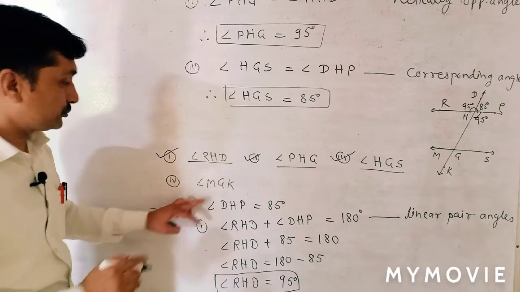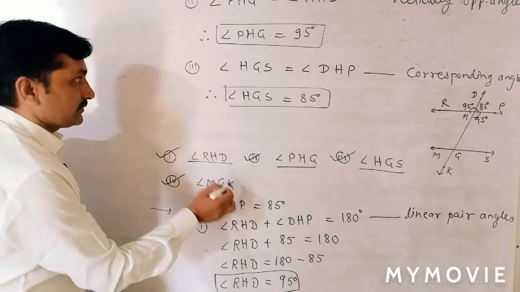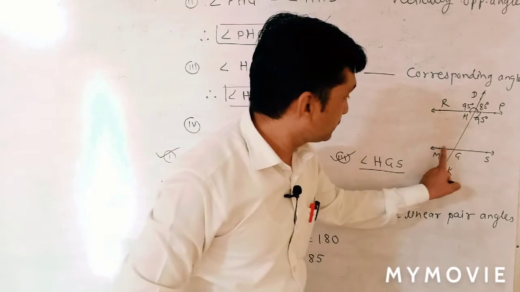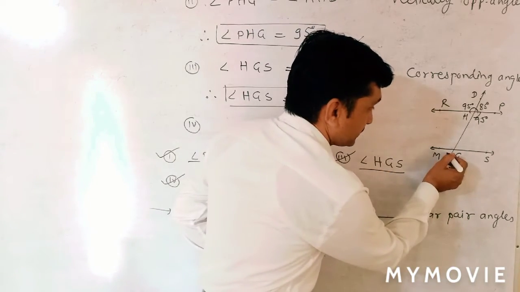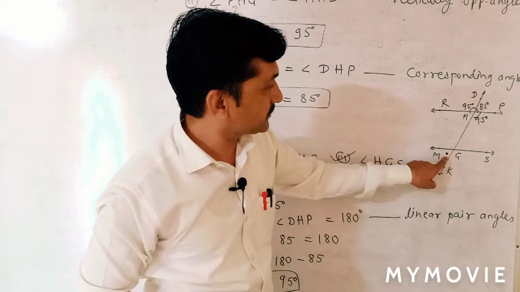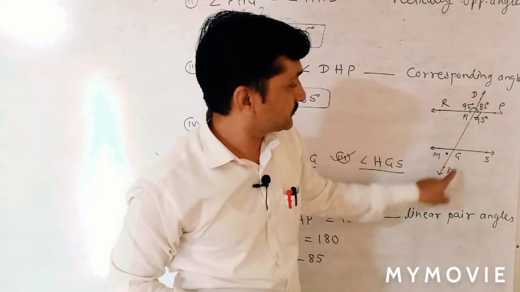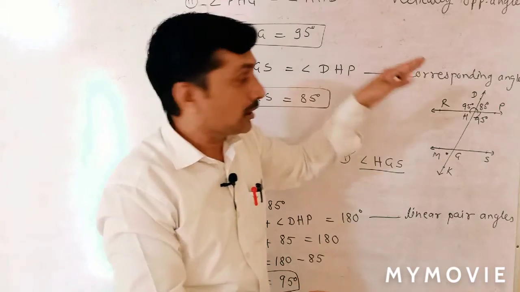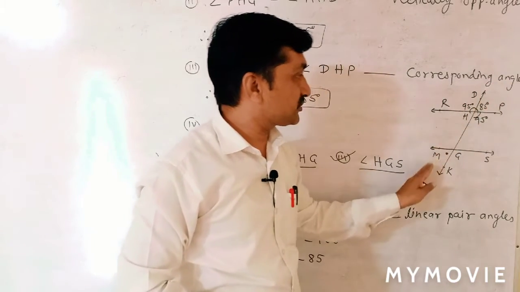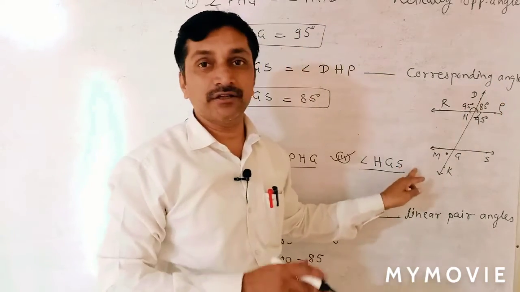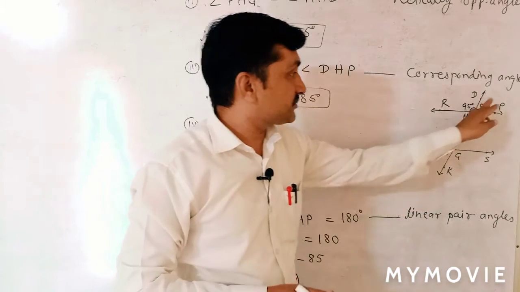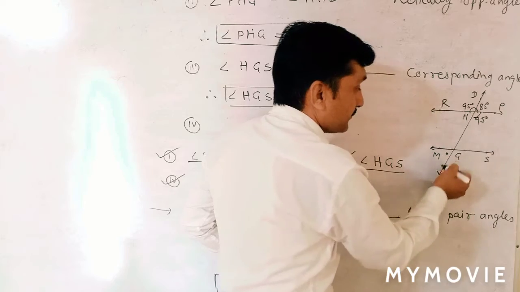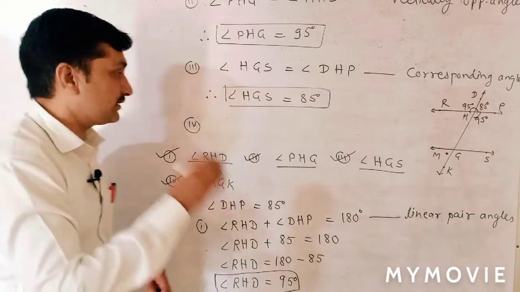And now last, fourth, MGK is here, right? And DHP is here. Both are outside the parallel lines and on opposite sides of the transversal. That's why they are exterior alternate angles, and exterior alternate angles are also congruent. DHP is 85, MGK also 85 degrees.